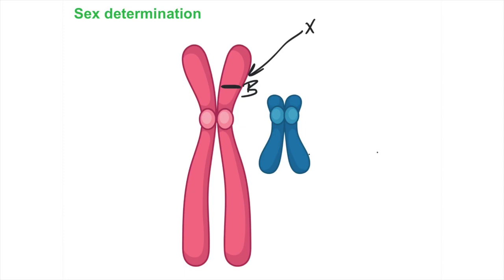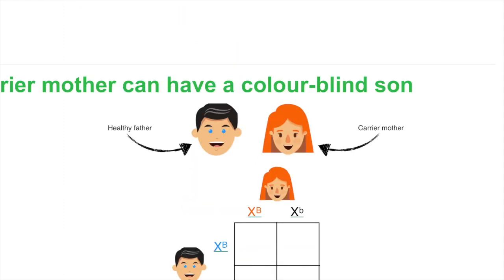If you are a male, then you will only have one copy of the color vision allele, and you won't have a backup copy like females do. Here is an example of how color blindness can occur in a family where both parents are quite healthy.